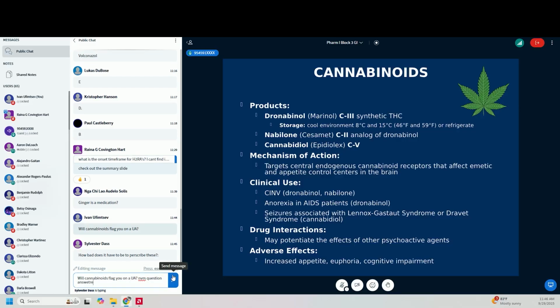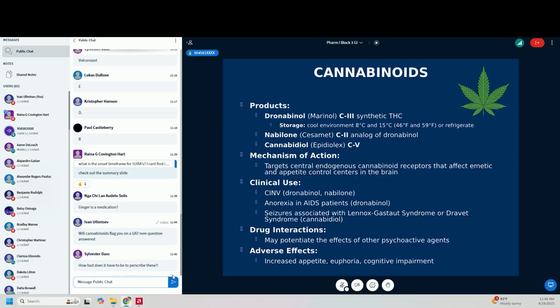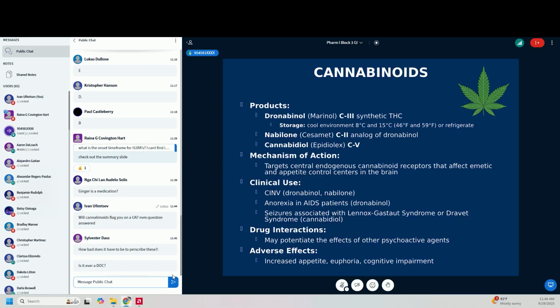And most of the time for this, again, it has to be pretty bad. I see that question here. It has to be pretty bad. A lot of the times too, when we use this, it's kind of us getting that 2-in-1 for that chemo-induced nausea. So for my cancer patient, I can also have that added benefit of, hey, let me help you eat.